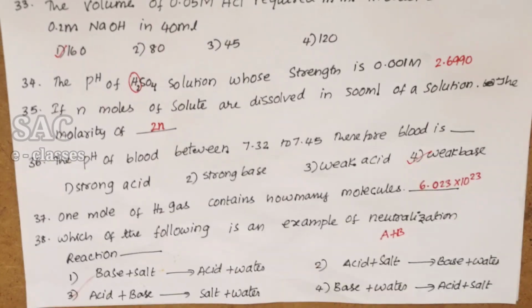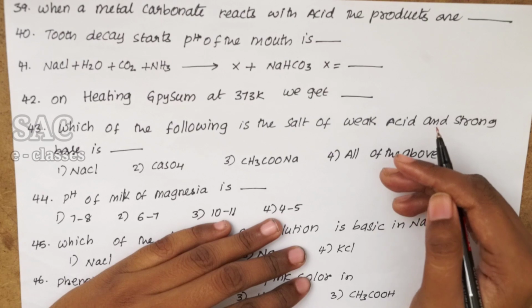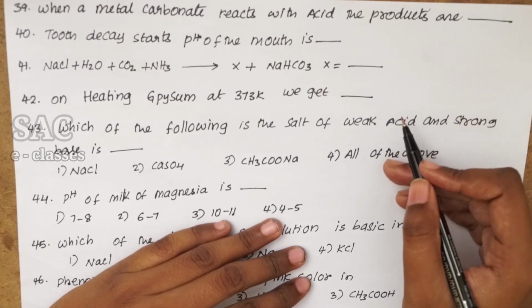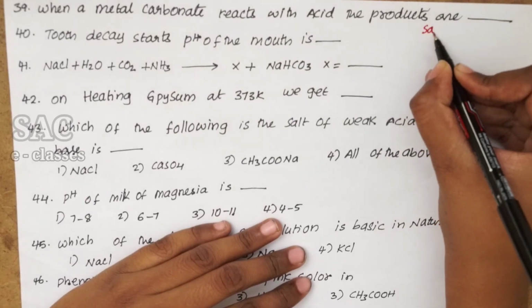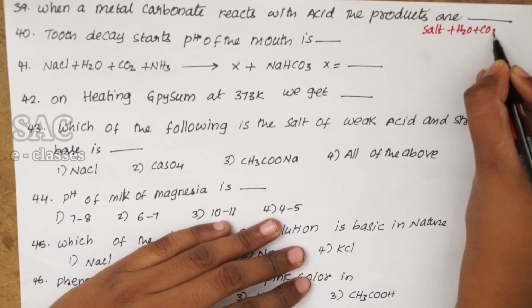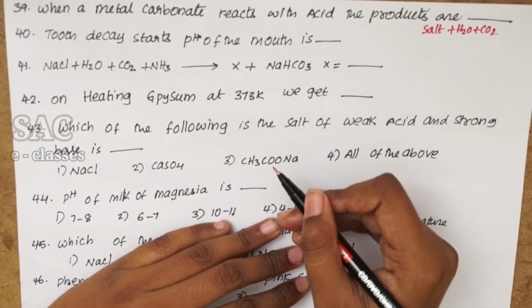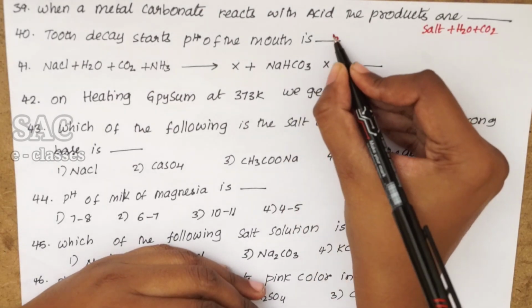Let's move to the next one. When a metal carbonate reacts with acid, the products are, we already know that any metal carbonate reacts with acid, the products are the corresponding salt, water and carbon dioxide. Tooth decay starts when the pH of the mouth is lower than 5.5.